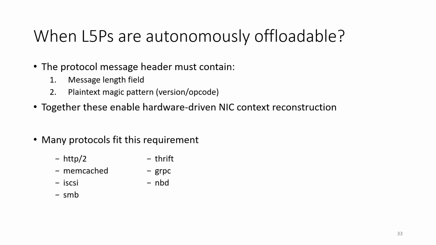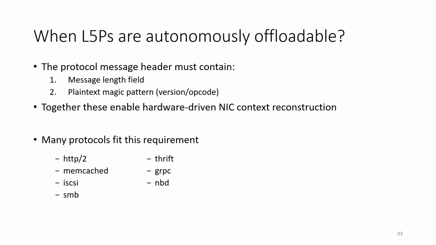We also asked ourselves what layer 5 protocols are autonomously offloadable. First, we require protocols to use headers with a length field, which is crucial for NICs to identify message boundaries and to track them. Second, we require protocol headers to contain a field that is visible on the wire and can be used to speculatively identify messages.